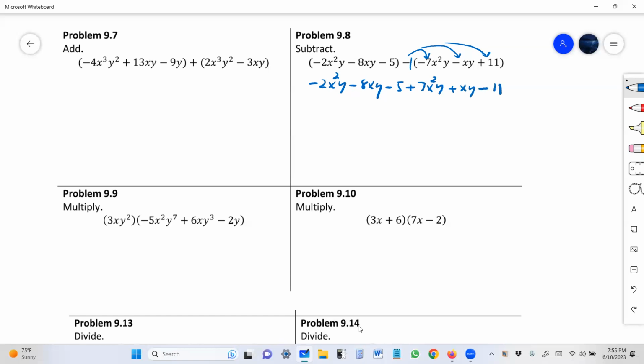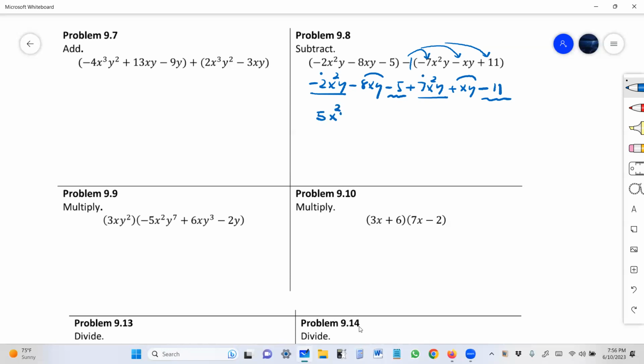And at this point, we identify like terms. So this is a like term to that, right? X squared y. Minus 8xy is a like term to this 1xy, and the minus 5 to the minus 11. So we identified the like terms. Now we combine their coefficients. So I have to do minus 2 plus 7, which is 5.